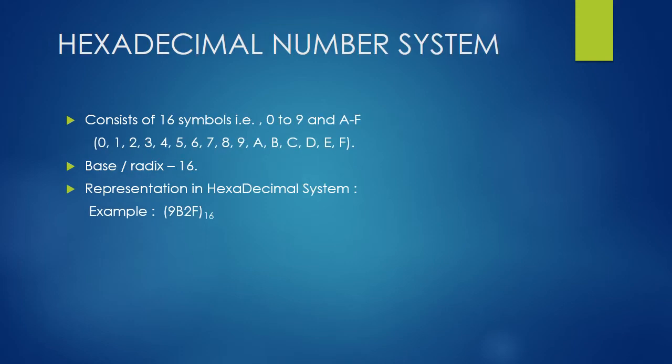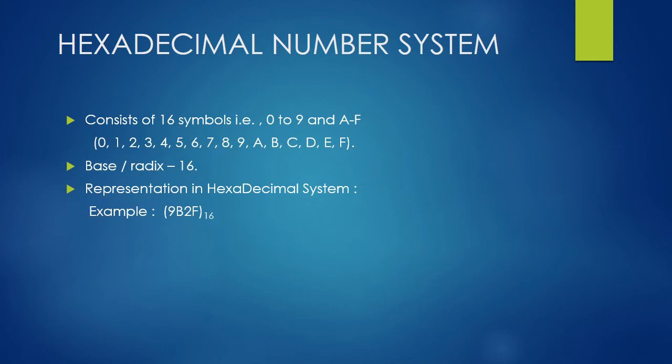The last number system that we'll discuss is hexadecimal number system. This number system consists of 16 symbols, that is the digits from 0 to 9 and the alphabets from A to F. It contains digits from 0 to 9.